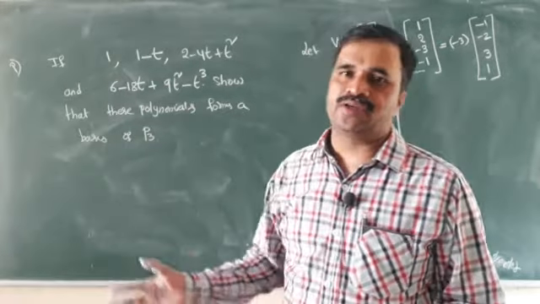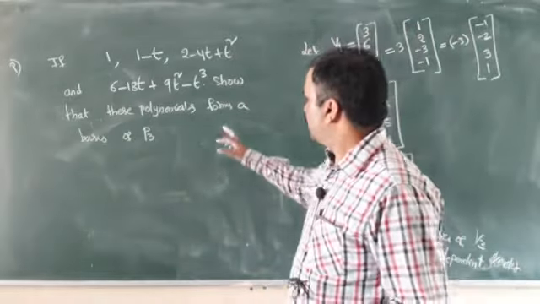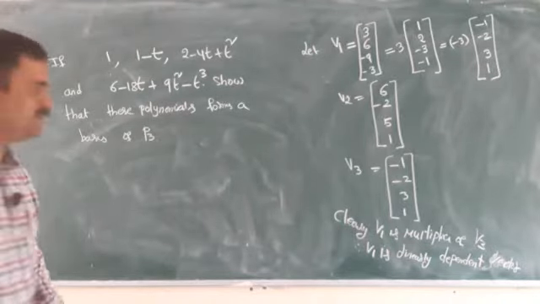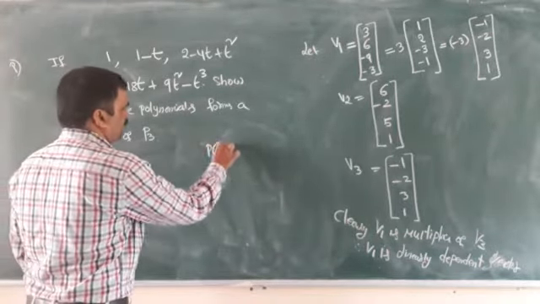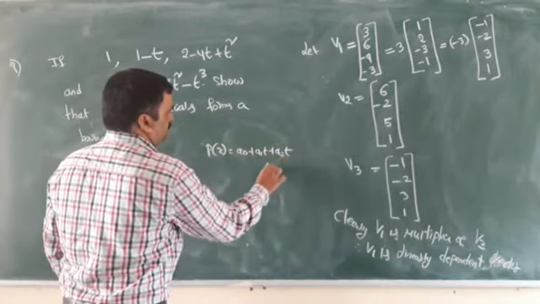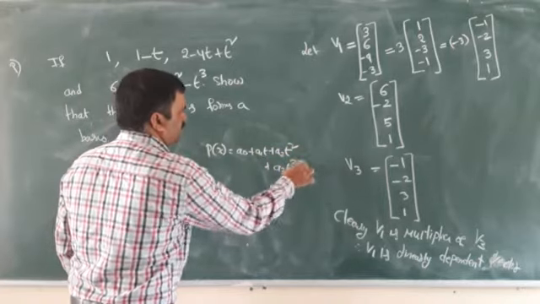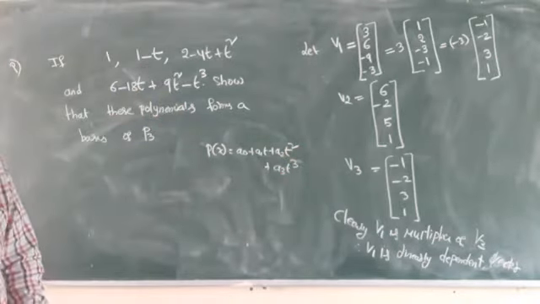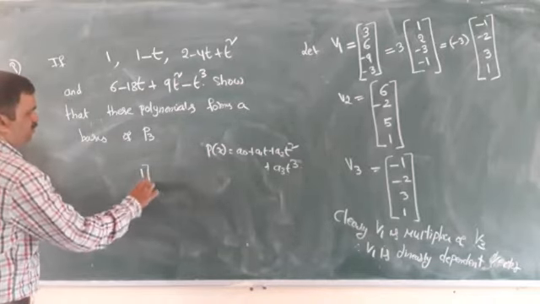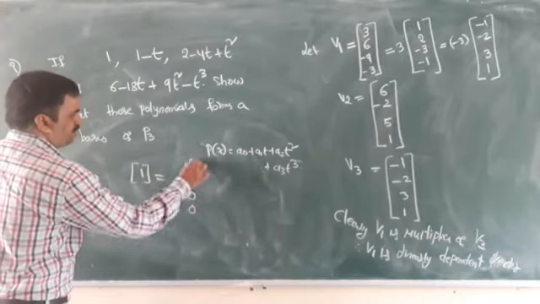These polynomials you have to write in terms of vectors. Already you know the polynomial standard basis. If you consider a polynomial P of t equal to a0 plus a1 t plus a2 t square plus a3 t cube, you can write the first polynomial as a0 constant, with no t, t square, t cube.